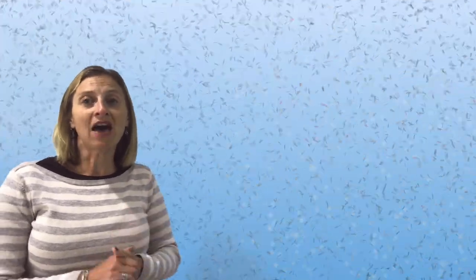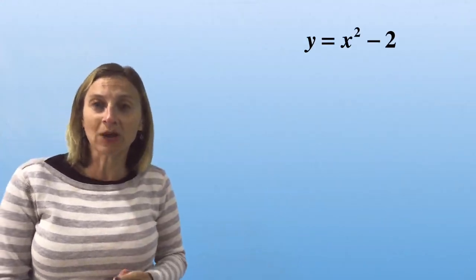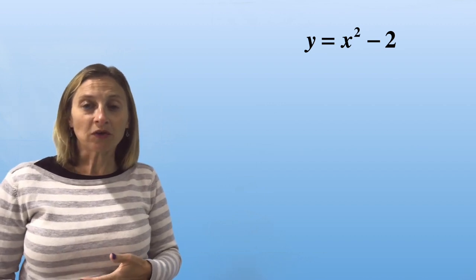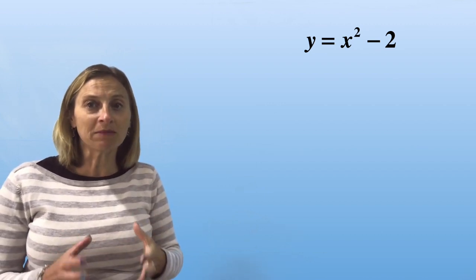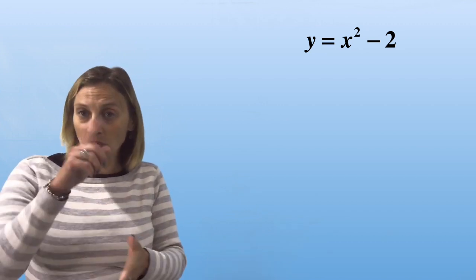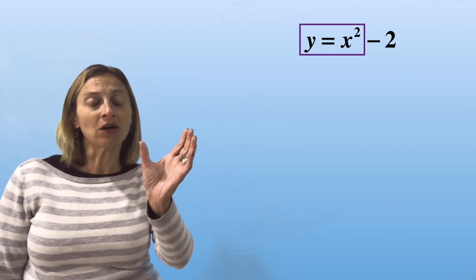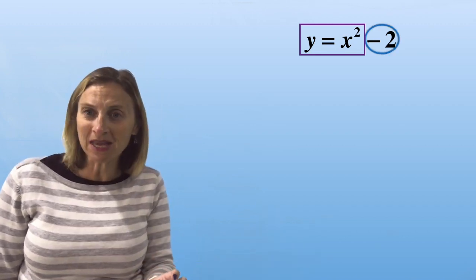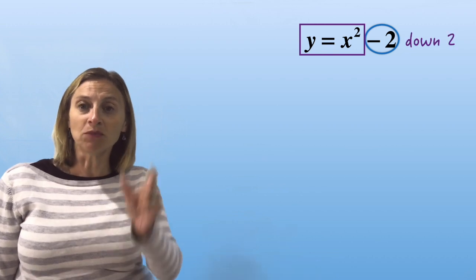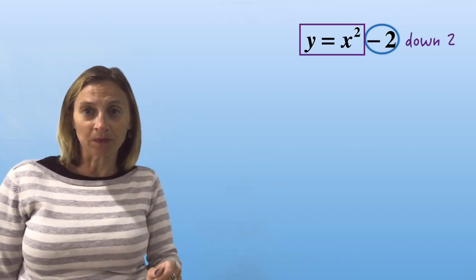Let's say that we have, this time, y equals x squared minus 2. So let's split it up so that we know what it actually means. We have our basic curve, y equals x squared. We all know what that looks like. Then we know that we need to have that graph and we need to minus 2. And what does that mean? Down 2. We need to move the graph down 2.